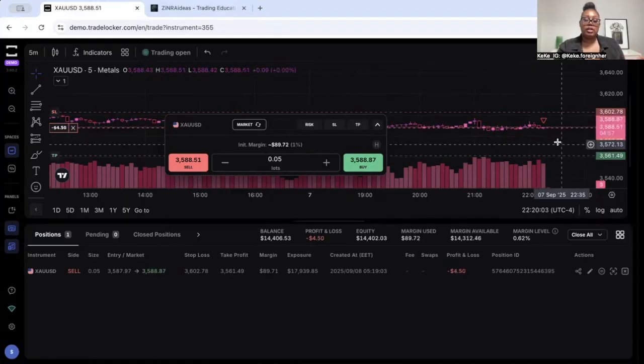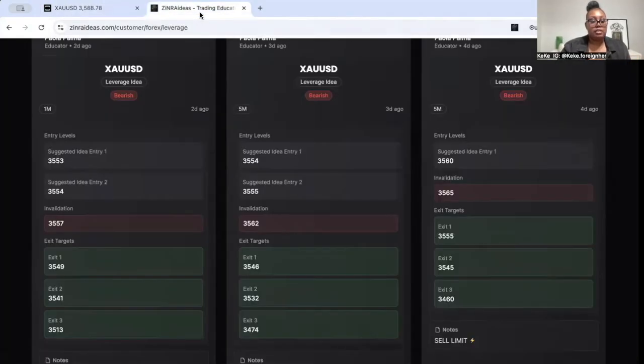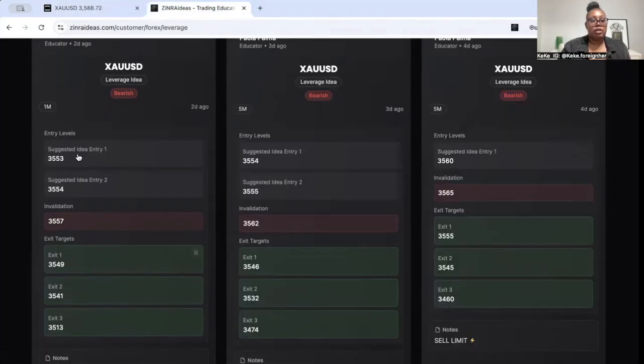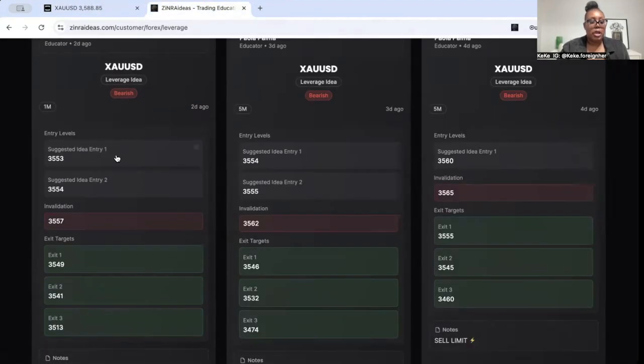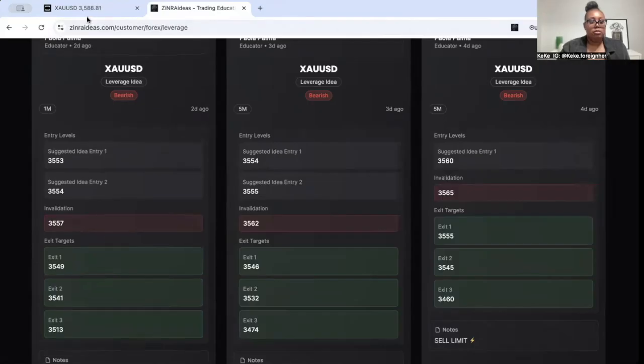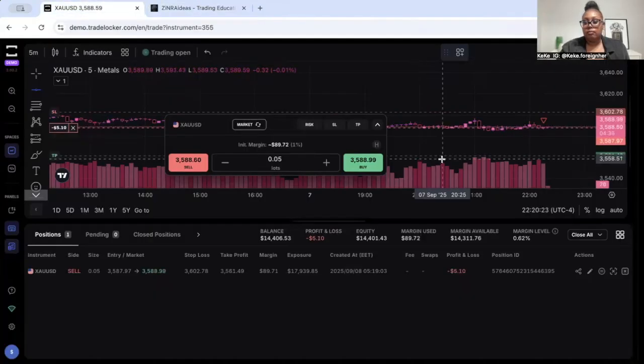Once this happens, you're going to be able to really focus on what actions I do when. For example, our price for exit one here was 35.49. I'm going to take a horizontal line and look for 35.49. It's right around here.